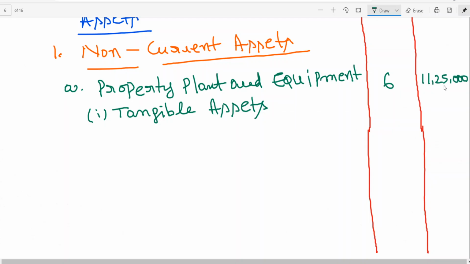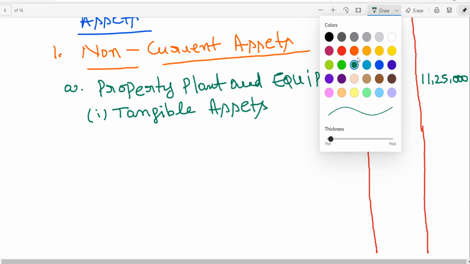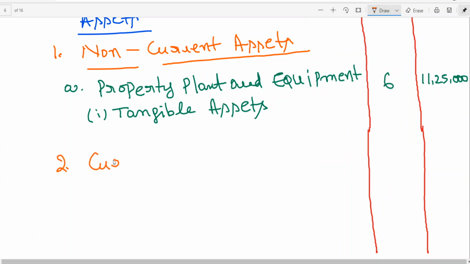B. We don't have B item, sorry. Then next, so this heading is completed. Next heading, we shall go for point number 2, current asset.